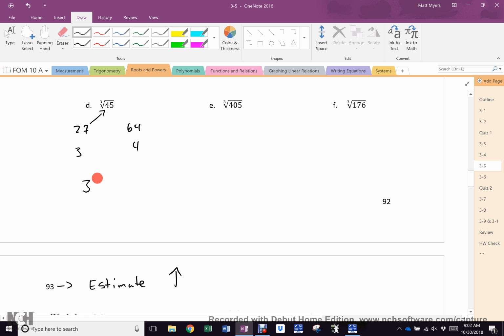What's that pretty close to? 3.5, because 18 out of 36. Everybody good? It's the exact same thing except we're using the cube root list. And trust me, there's a reason for making you do this estimation. Do those 3. Start your work.